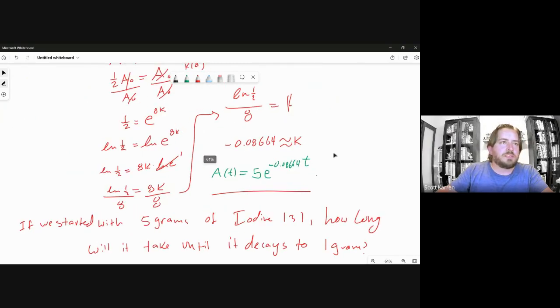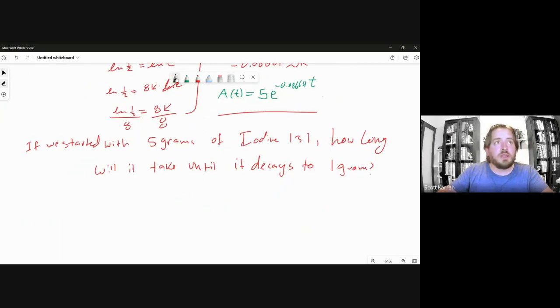And we just plug this into the equation that we created. The amount at time t, which I don't know what t is, but that amount after that time is 1, equals 5e to the, I know this k is negative 0.08664 t.